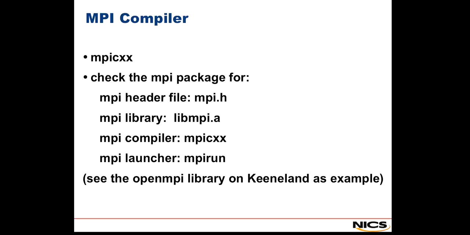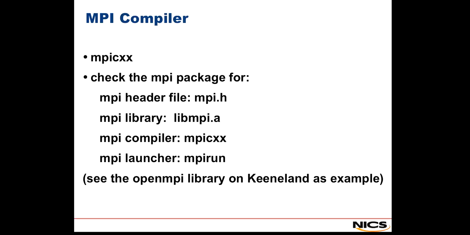So in the next step, let's see what we need for an MPI compiler, what we need to compile our MPI code. We still use C++ as the example. Compared to the previous example, instead of the g++ compiler, now we have an MPI compiler.